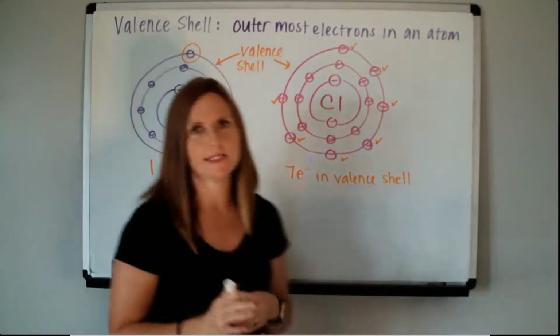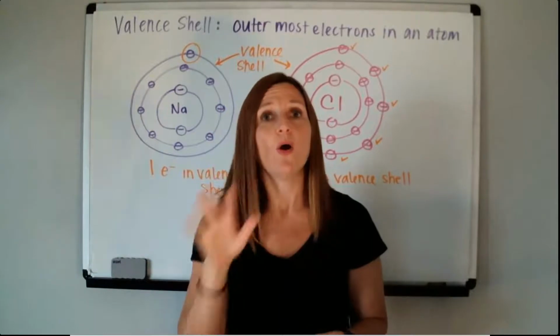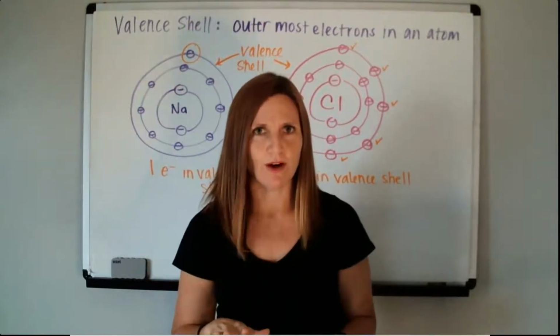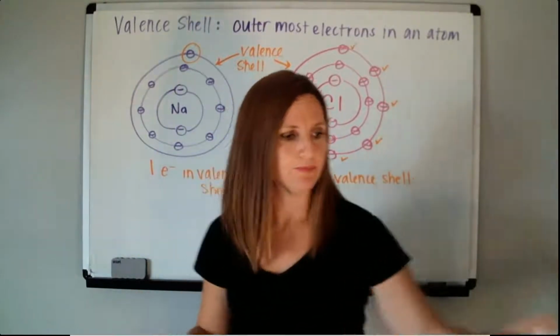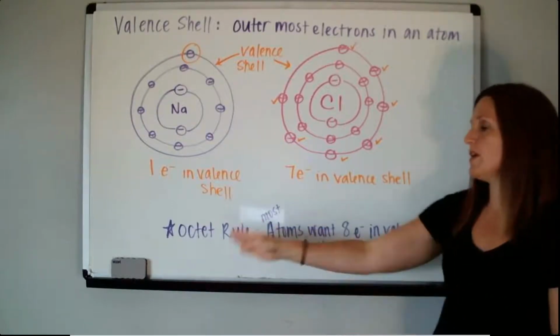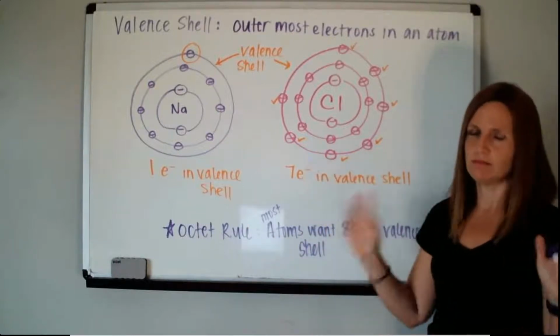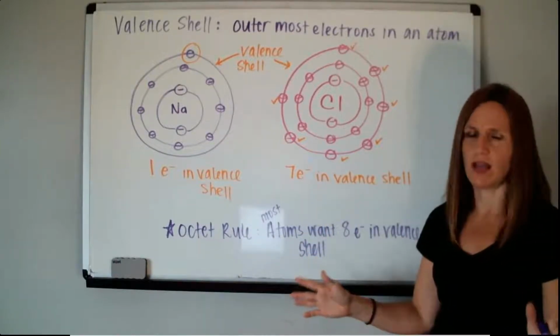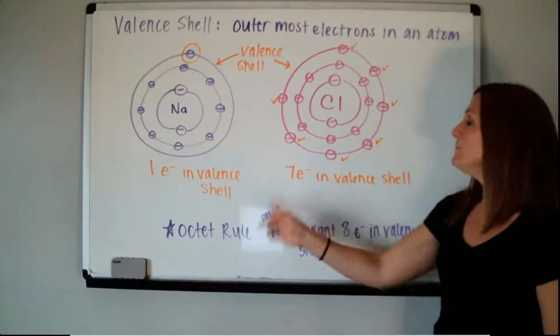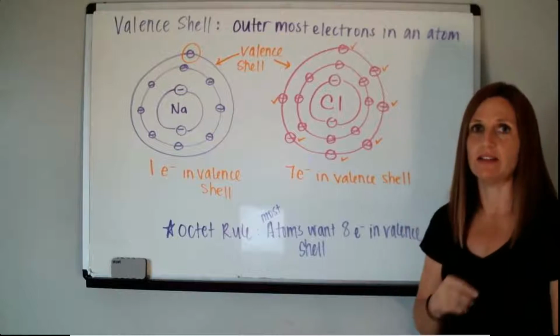If you want a grand total of 8 electrons in your valence shell, which they do, that's called the Octet Rule. The Octet Rule says most atoms, not all, we don't want to say all, it's too complicated, most atoms want 8 electrons in their valence shell.